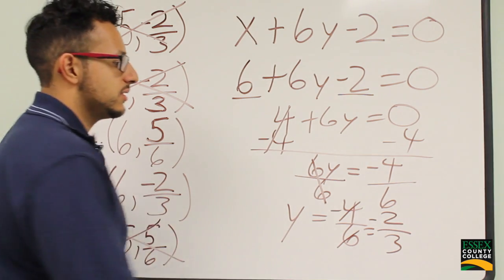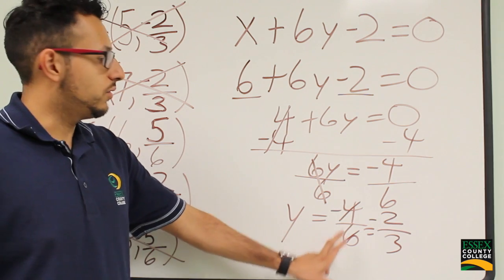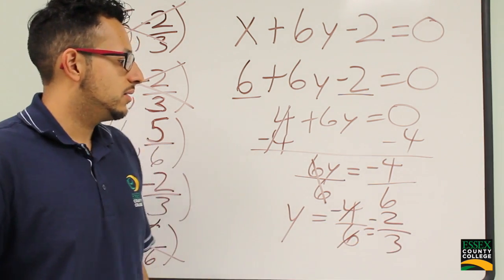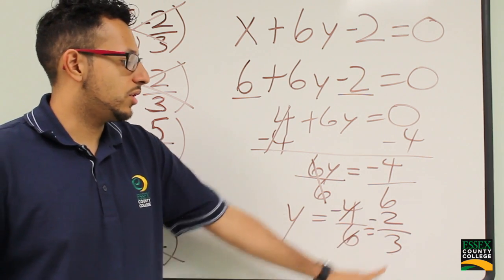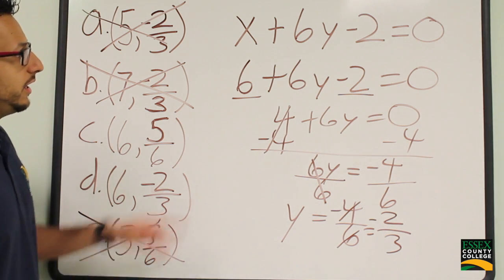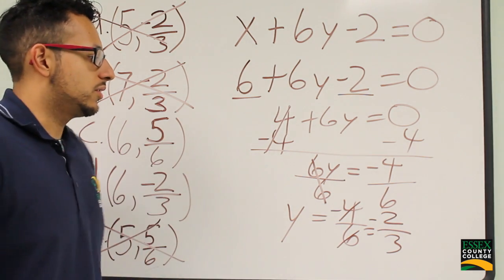What I did here was I just divided by 2 to both top and the bottom. So 4 divided by 2 gives me 2. 6 divided by 2 gives me 3. So the simplified fraction of negative 4 over 6 is negative 2/3. Therefore, when x is 6, y equals negative 2/3.